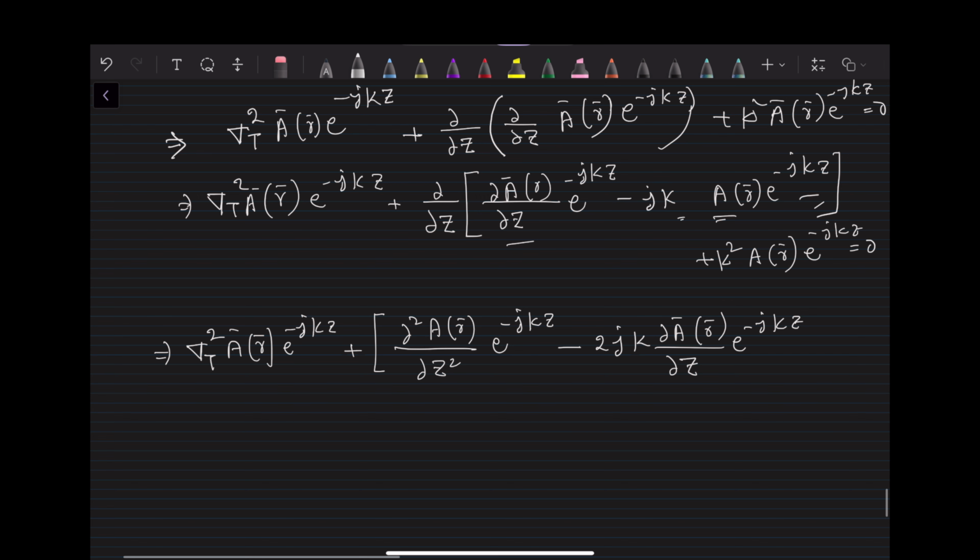And if we take derivative of this, it will be minus k square, and we have this.